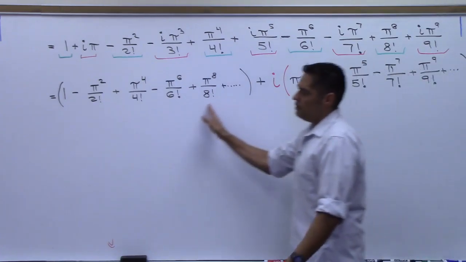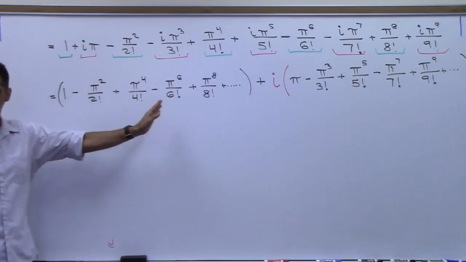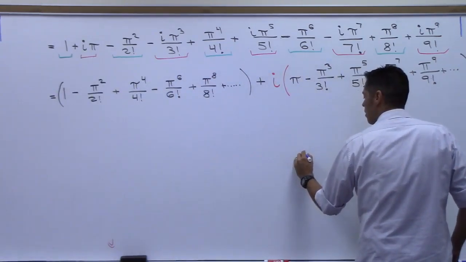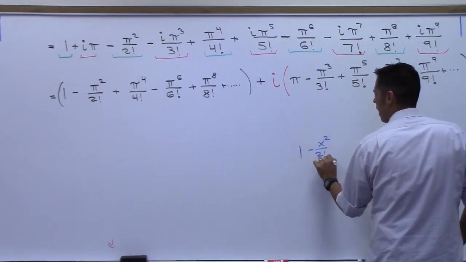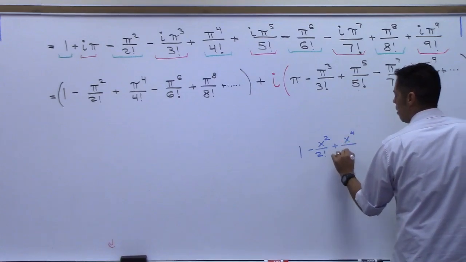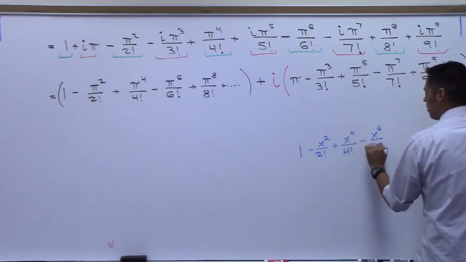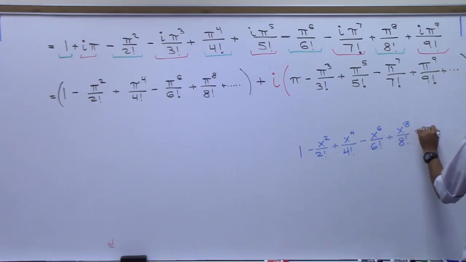Does this look familiar? Looks like I heard someone say all evens, right? If you look at what I wrote down a second ago, I said cosine looks like this: 1 minus x squared over 2 factorial plus x to the 4th over 4 factorial minus x to the 6th over 6 factorial plus x to the 8th over 8 factorial. I said that was cosine x, right?